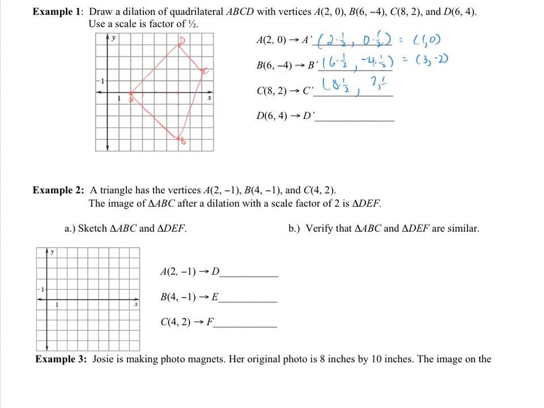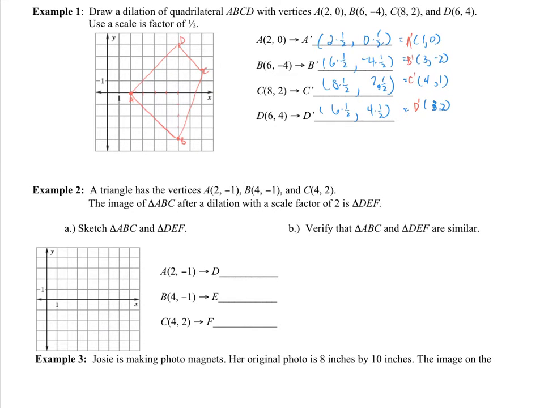So the math here is pretty simple, but you just need to be careful with the details. 4, 1, and then 6 times half, 4 times half, and this will be 3, 2.